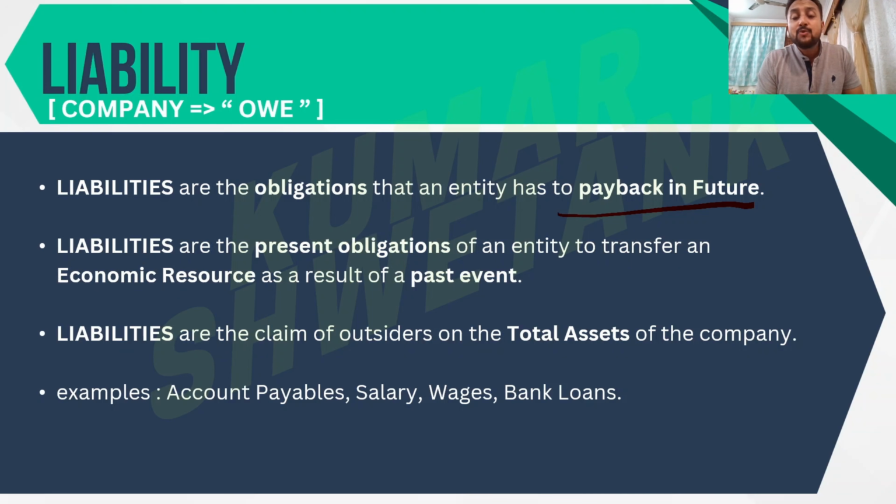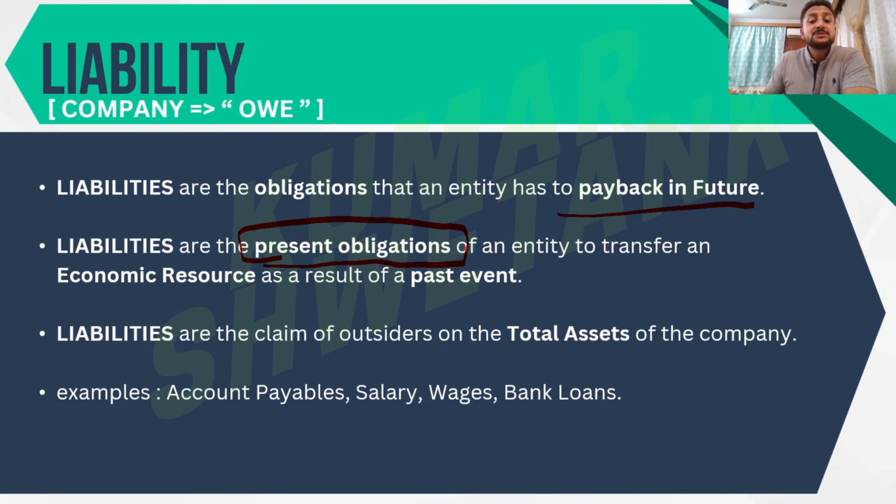If you have a driver, you have to pay him a monthly salary. Meaning, you are owing salary to the driver. This is a liability. Liabilities are present obligations for any company.